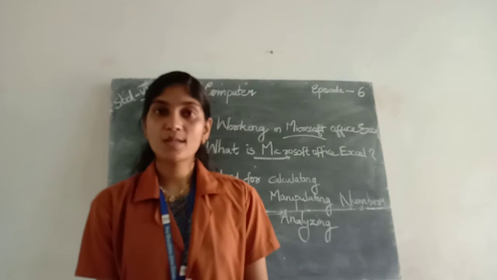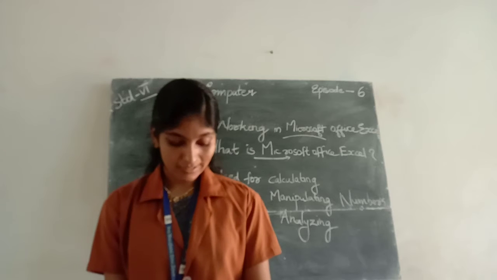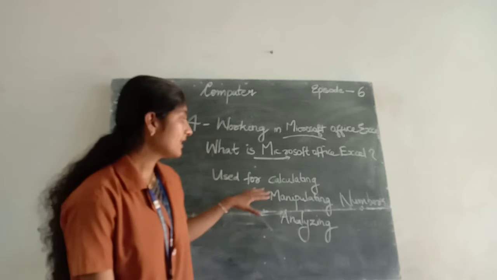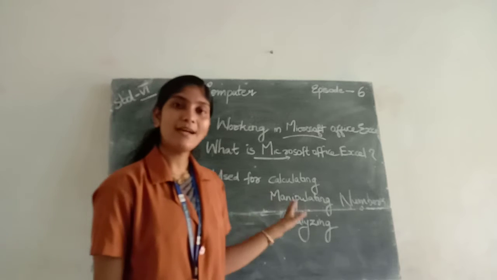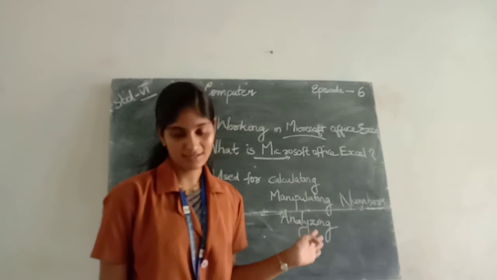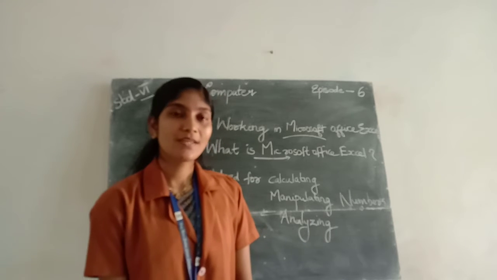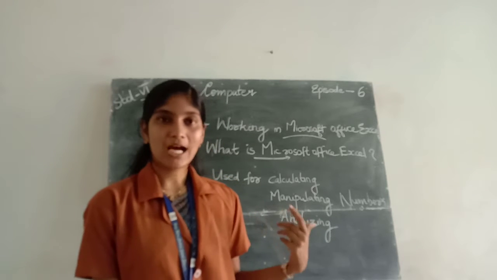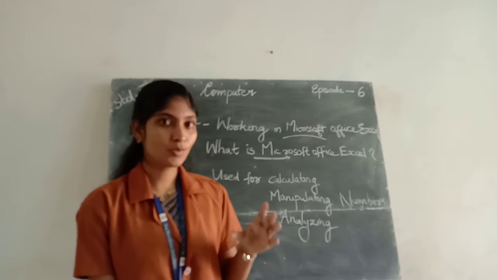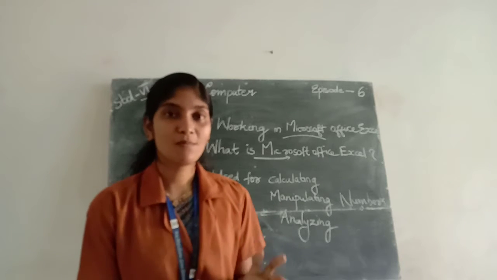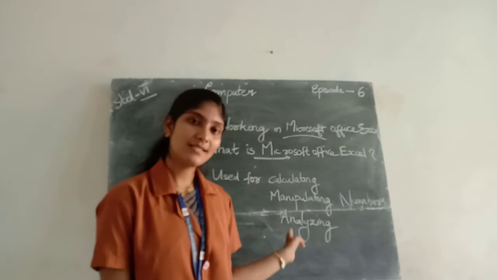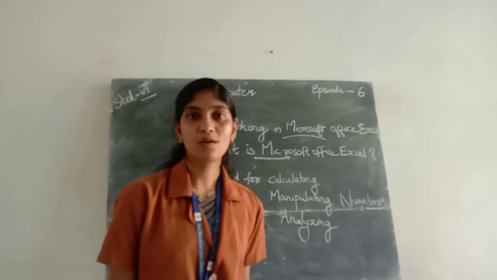It also has a powerful graph building facility. So this data or tables can be represented in the form of a graph, the graphical representation. Why do we use a graph or chart? To understand it better. The user can understand very easily, so he can represent these numbers or data in the form of a graph.